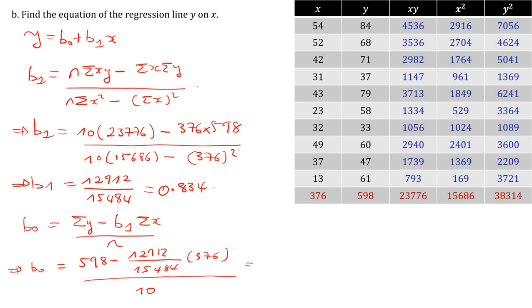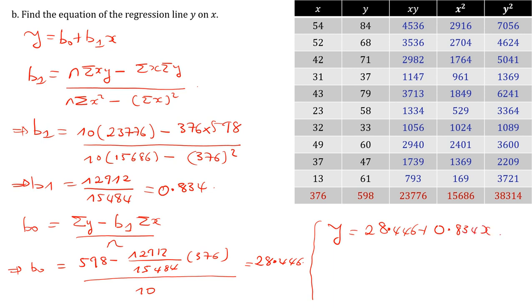So this is going to give 28.446. And so the equation of the regression line will simply be y is equal to b naught, which is 28.446, plus b1x, that will be 0.834 times x.